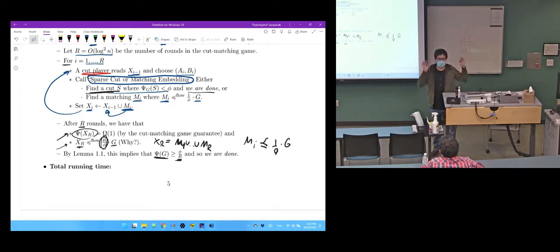We just find some flow, and that is just some arbitrary matching. You can even think of it as the worst matching ever. But the cut player can guarantee that no matter what the matching is, as long as it is a matching of large enough size, even if it is a bad choice of matching, the union of matchings at the end is going to be an expander.